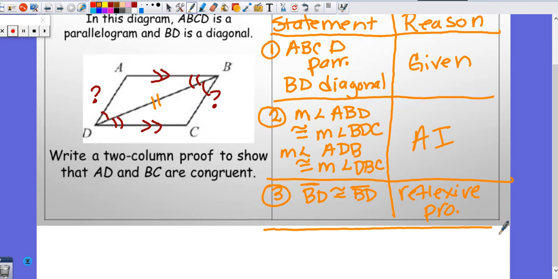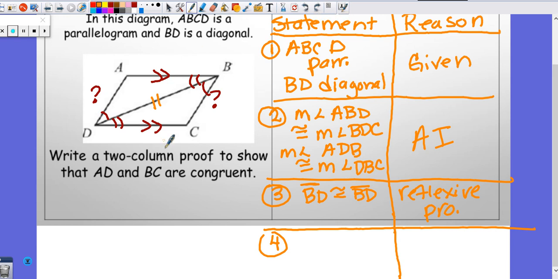And now we're going to go here, number 4. Now we can say I have triangles that are congruent. I'm tripping. I need to add a step.